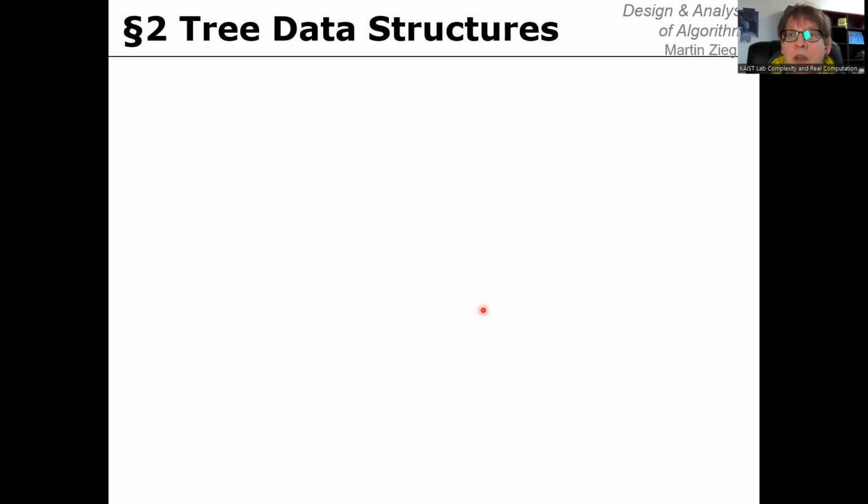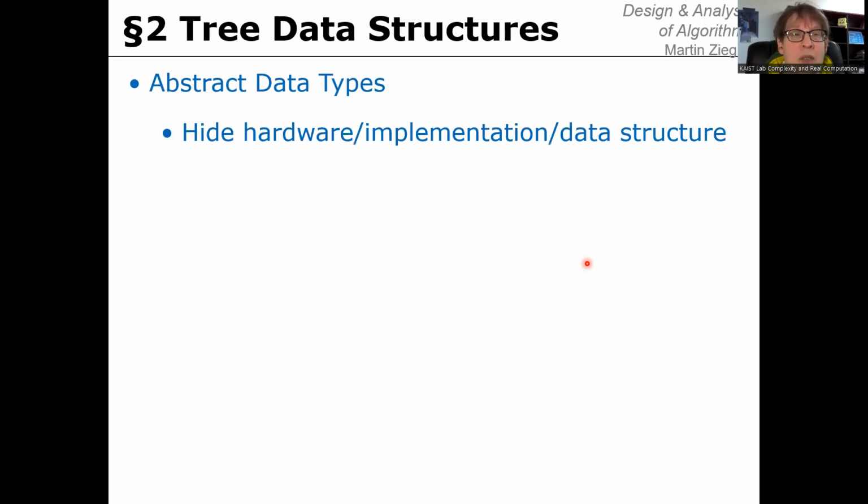Okay, so the content of this chapter is that we first recall what a data type is after all. And actually there's a close correspondence between data types in computer science and structures in mathematics, more precisely in logic, and even more precisely in model theory.